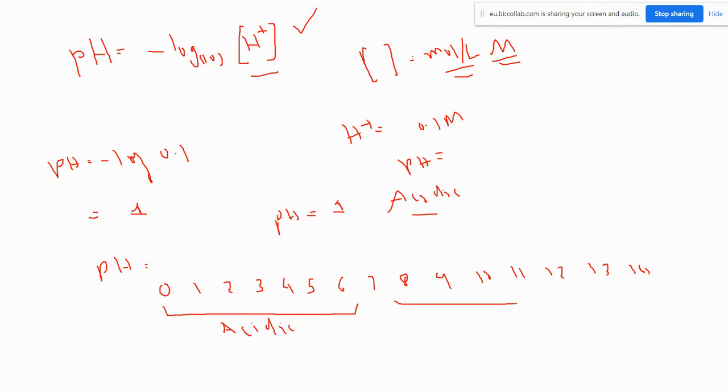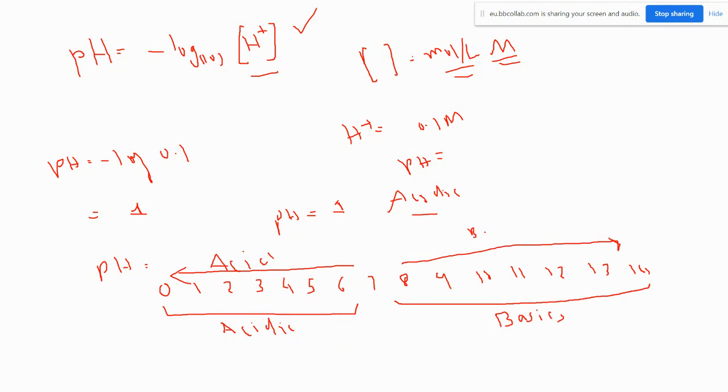And any solution whose pH is more than 7 up to 14, we call it basic. These are bases. A pH less than 7 we call acidic, or acids. A pH more than 7 we call base. Now if you look at HCl, the pH was 1, so it is highly acidic. The pH of 7 is neutral in between. Like water, the water pH is around 7.